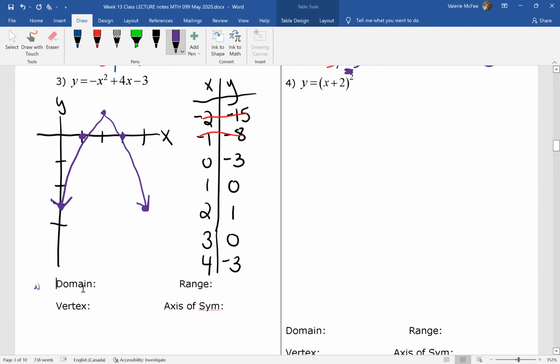The domain is again the set of all real numbers. Infinitely left, infinitely right. The vertex is the highest point. It's that piece right here in the middle, (2, 1).